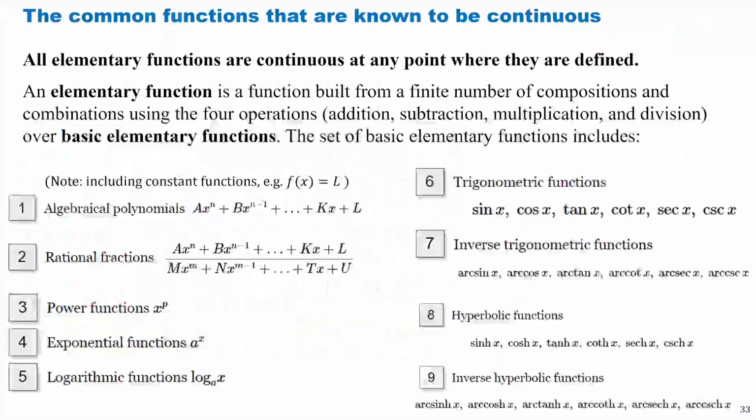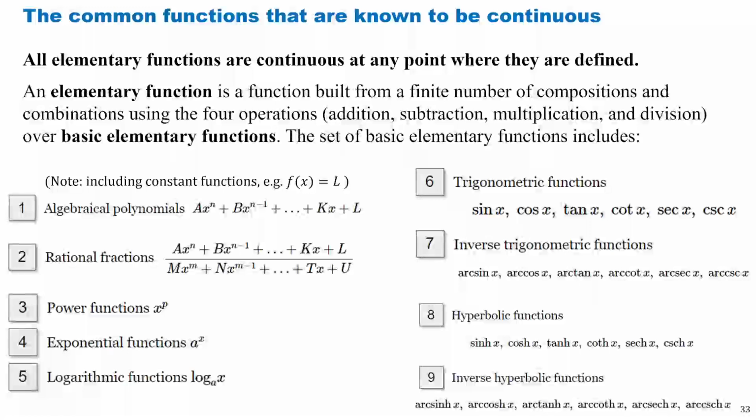Alright, next. Here are the common functions that are known to be continuous. Again, I'm not going to prove this for you here, but it's better to know all of these functions are continuous on some intervals. All elementary functions are continuous at any point where they are defined.